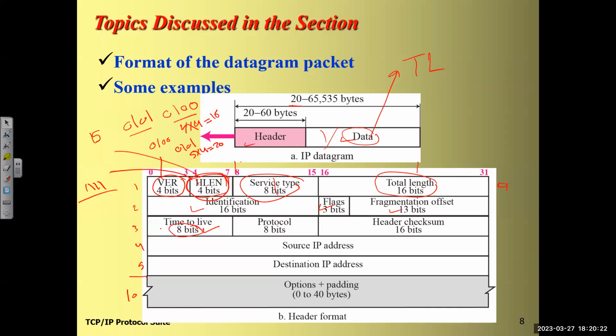Why do we need the time to live? Remember, when you send a packet, it goes through a route, and maybe it has to go from hub to hub to hub. When you design your network, you will define the time to live.